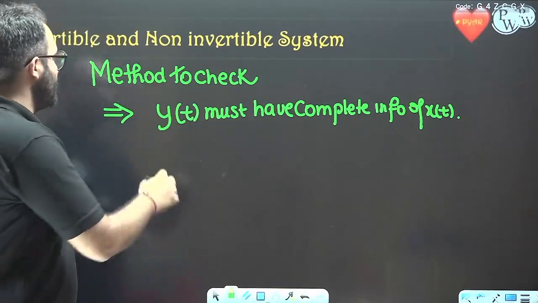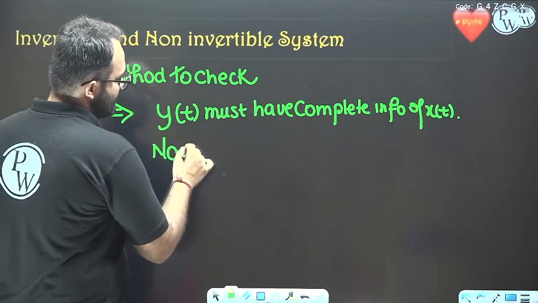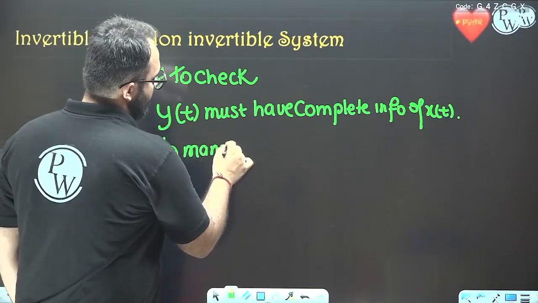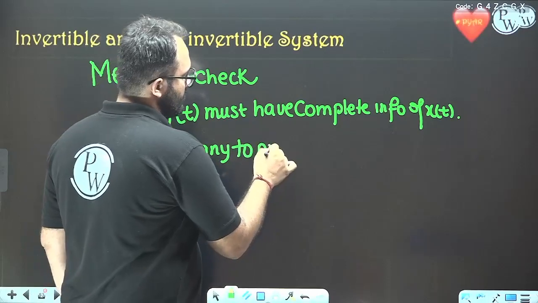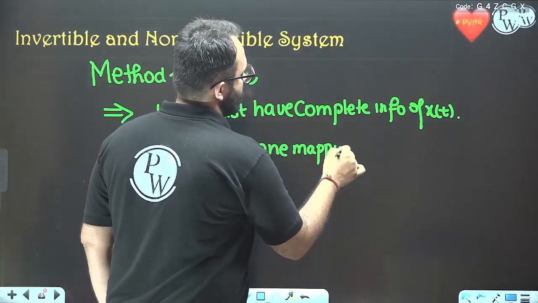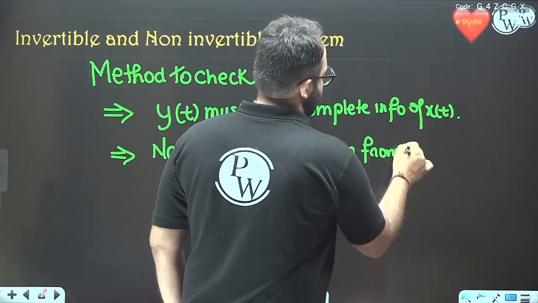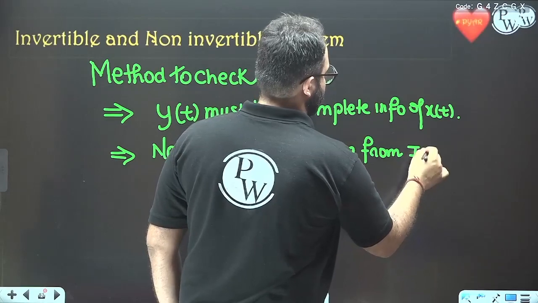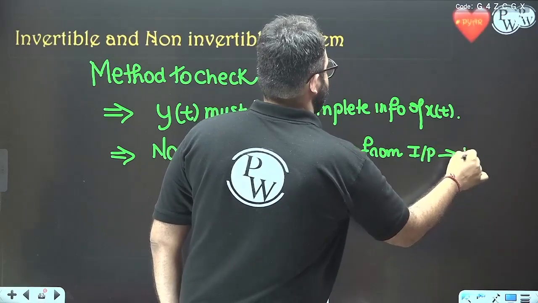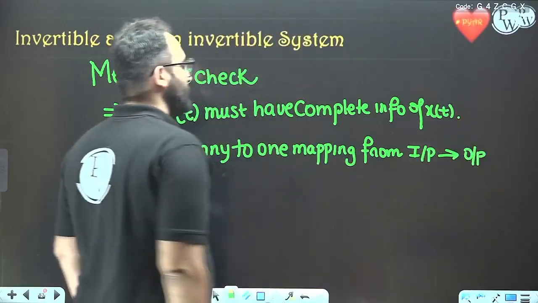Second, there should be no many-to-one mapping from input to output.